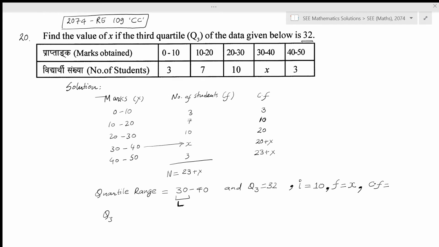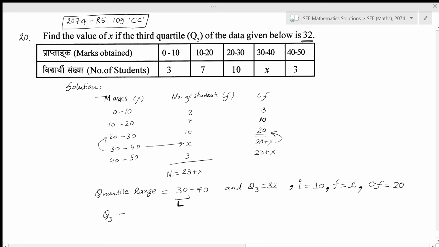So the quartile lies between 30 to 40, so the cumulative frequency should be chosen from 20 to 30. So the cumulative frequency of 20 to 30 is 20. We take the cumulative frequency of one step prior to the actual class interval, so we take 20.